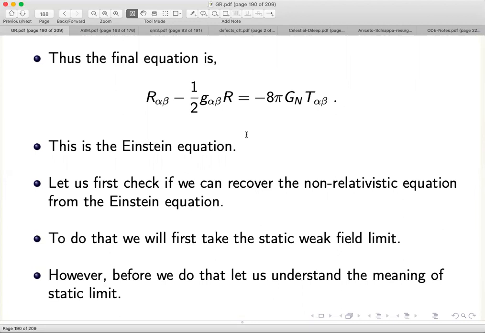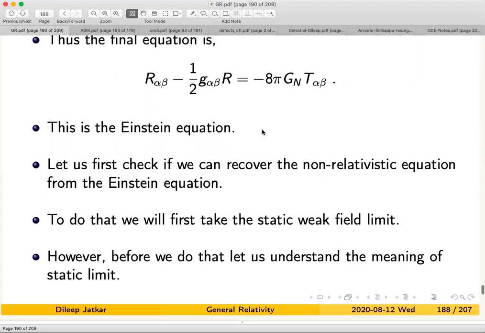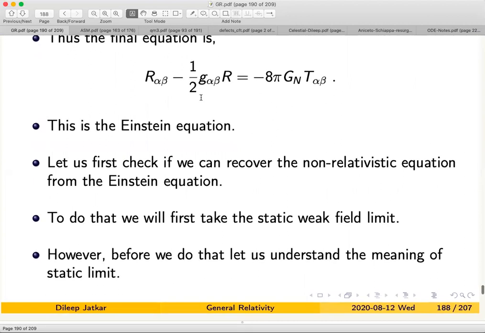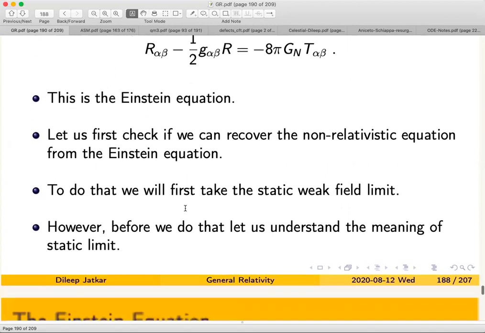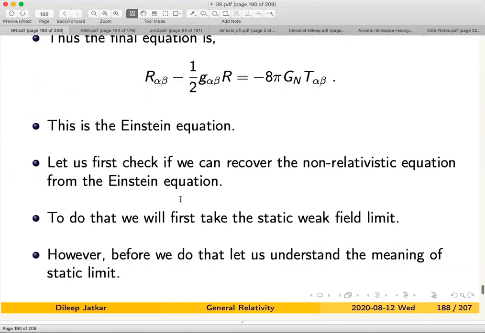Now this may look like a circular argument, but nevertheless it is worth checking that after putting this parameter A to be minus 1 over 8 pi Gn, everything works out correctly. Of course, to do that we need to do multiple approximations.